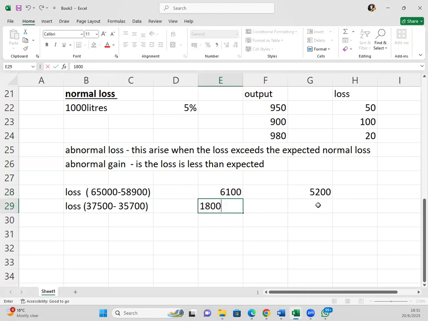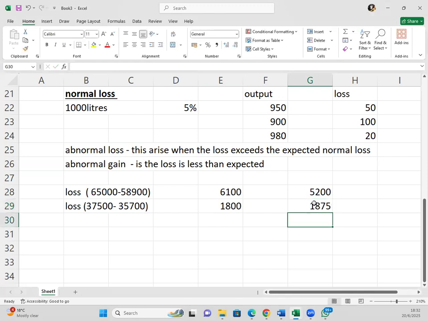But what was the normal loss? It's 5% of the input, that is 37.5. So the normal loss is higher than the actual loss. You're supposed to lose 1.875, but you only lost 1.8.